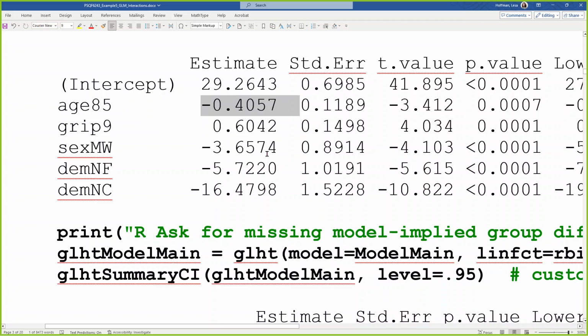Per year of age, period, because this is a linear slope. We don't have a quadratic slope, and there's no interaction terms in this model. So for every year of age, whether it's going from 20 to 21 or 100 to 101, doesn't matter, cognition goes down by 0.4.